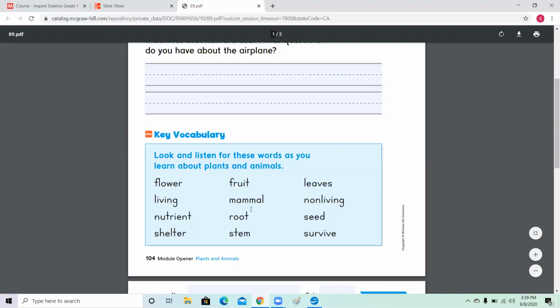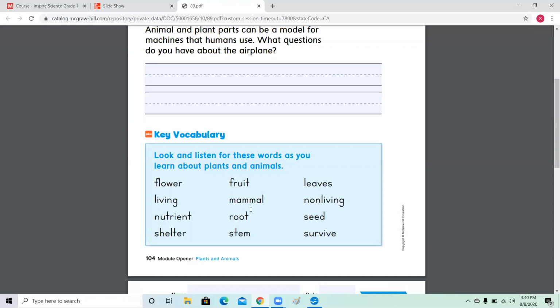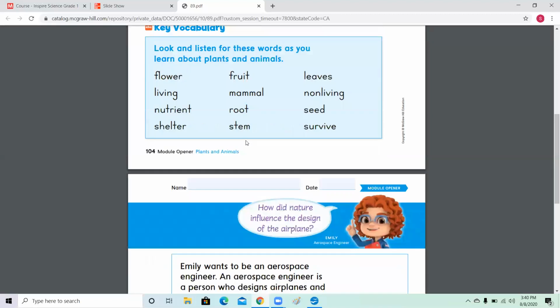It looks like 12 words, Miss Sahar. These are new, these are a lot. Don't worry, we're going to take our time and cover them, and we're going to learn the meaning when we discover them and see them in your lesson.